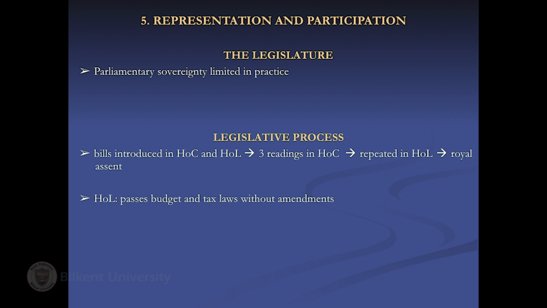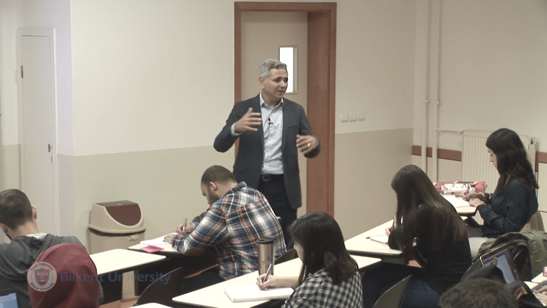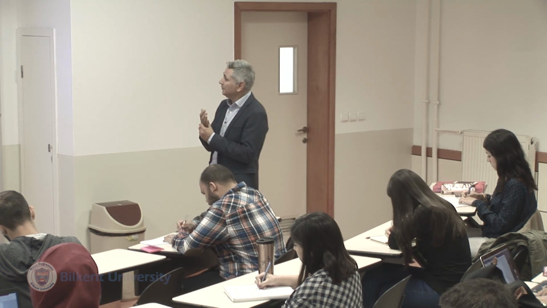The executive may at times dominate the legislature because the executive naturally comes out of the legislature in this system, but the executive may really dominate the day-to-day functioning of the legislature by imposing its agenda on the legislature.